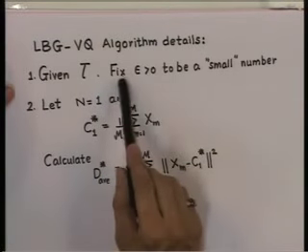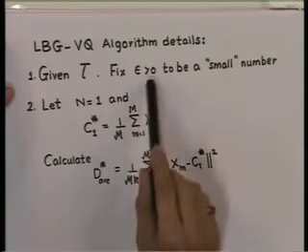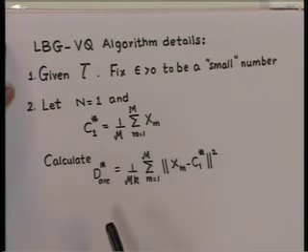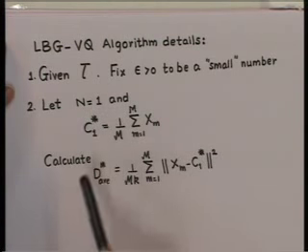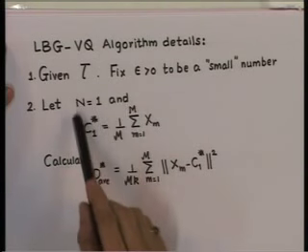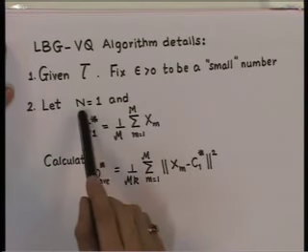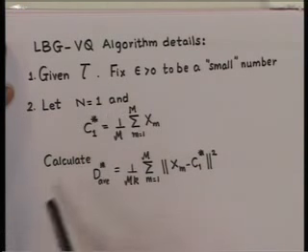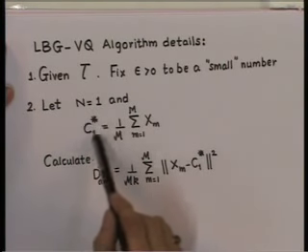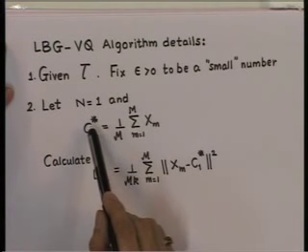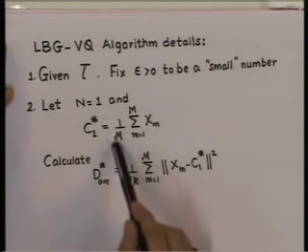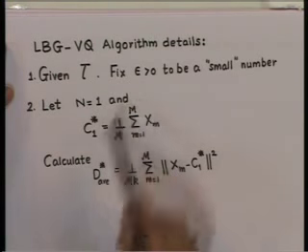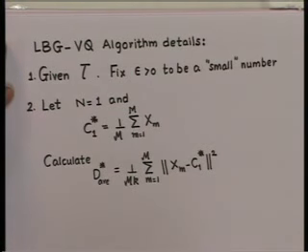We have been given the training sequence. We fix an epsilon greater than 0 to be a small number. To start with, let us assume that the code book size is 1. So, we set n equal to 1, and for this code book the only optimal code vector, which is denoted by C1 star, is obtained by the average of the complete training set.